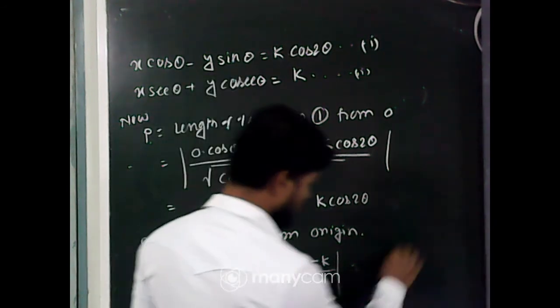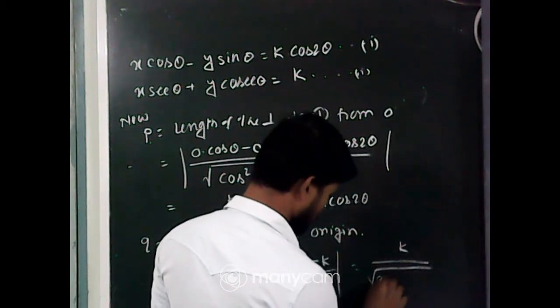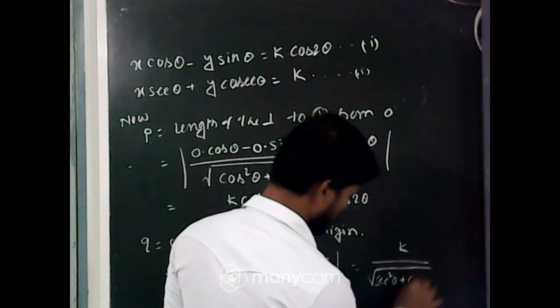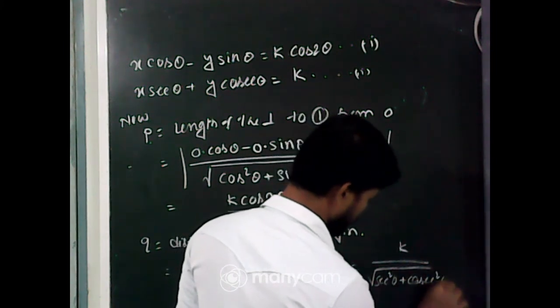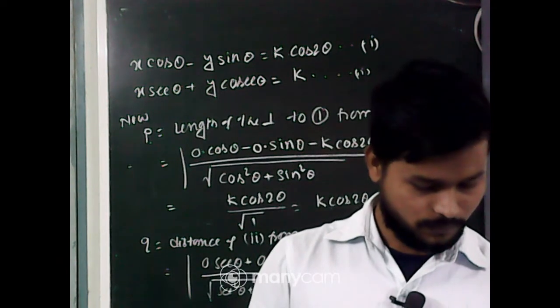That means it will be k by under root of sec square theta plus cosec square theta. So the value of p and the value of q are known.